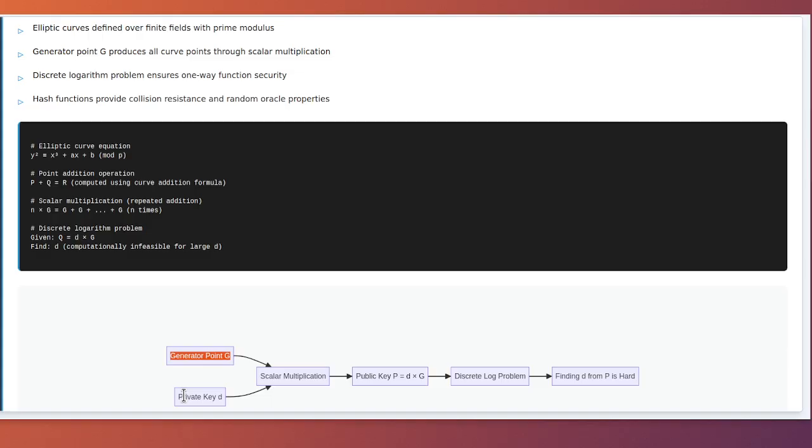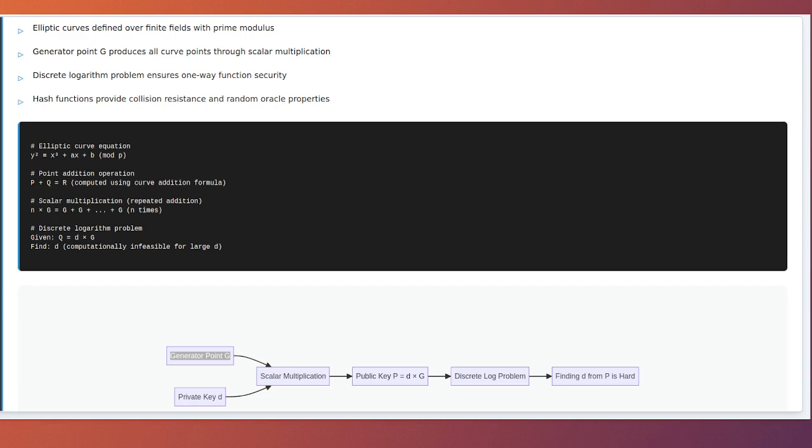This operation is efficiently computable in one direction, meaning given n and G, we can quickly compute n times G. However, the inverse operation, given P and G to find n, is believed to be computationally intractable for properly chosen curves with large enough parameters. This asymmetry is precisely what makes elliptic curve cryptography secure.